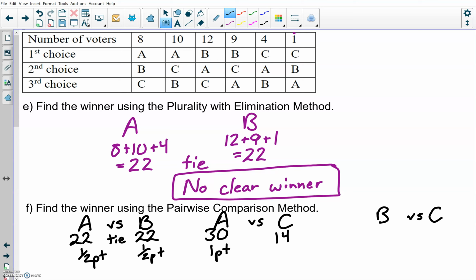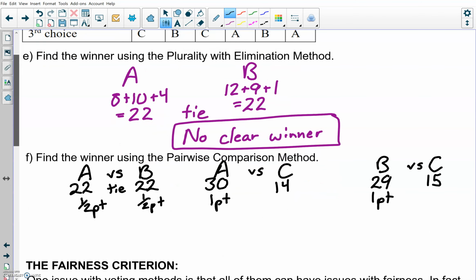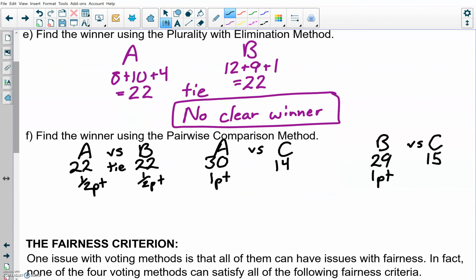And then B versus C, B over C, B over C, B over C. So 8 plus 12 plus 9 is 29. And then C over B is here, here, and here. And that's going to add up 10 plus 4 plus 1 is 15. So B gets 1 point from that matchup. And then you go ahead and say, all right, well, we've got these points.